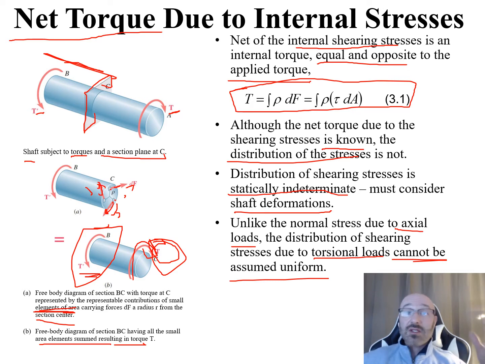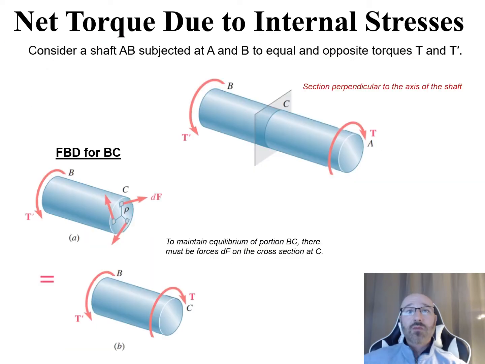We look at these and ask, is it 2D, is it 3D? Either way, we need to break them down in terms of their components and figure out how they contribute to the total torque that we can put in when we sum them all up for this free body diagram of section BC at C. So let's zoom in a little bit closer and take a more detailed look at what we discussed. Again, this is the net torque due to these internal stresses.